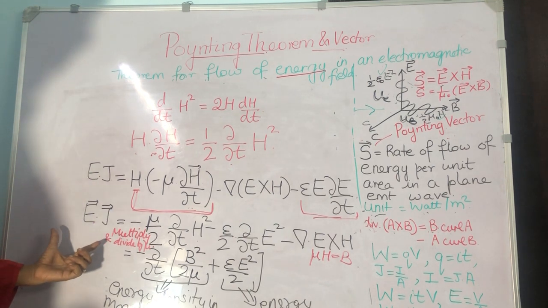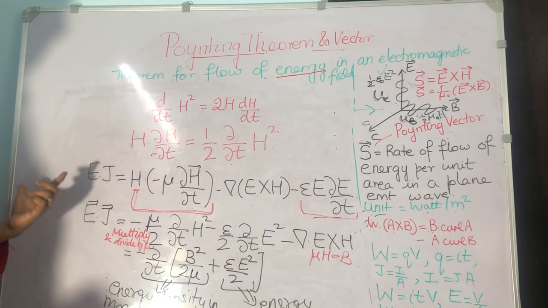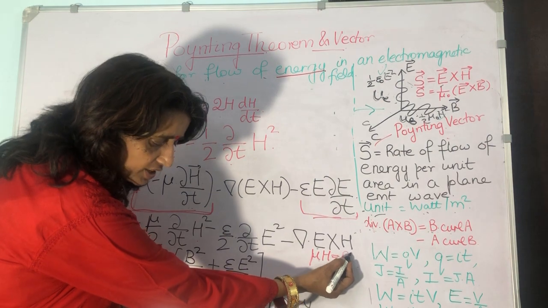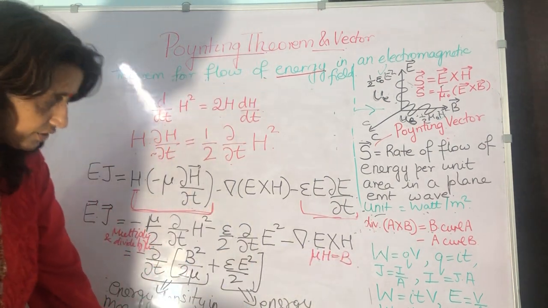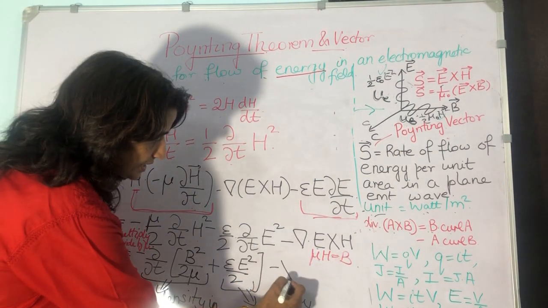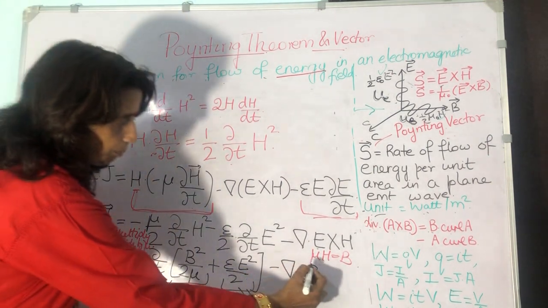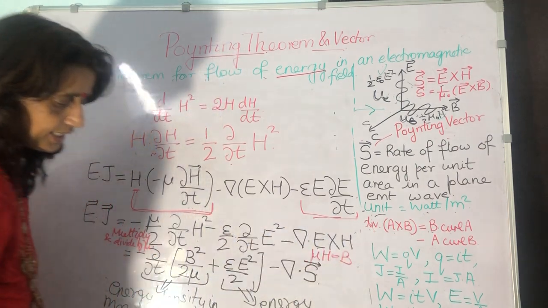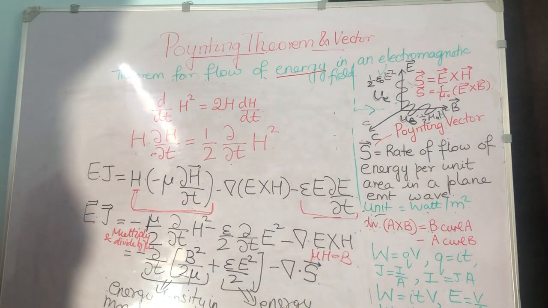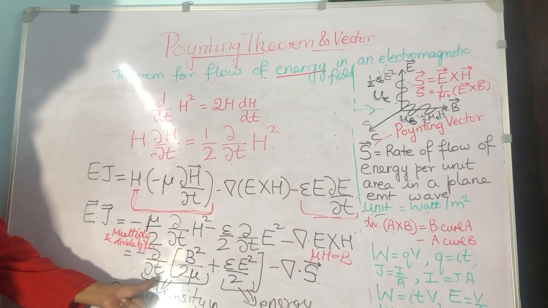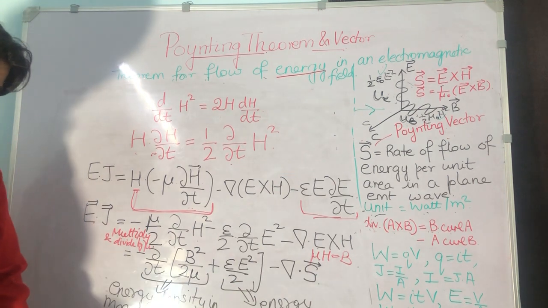Now, this equation is very much similar to the equation of continuity, and S is E cross H. So you can write it here minus del dot S, which is the Poynting vector E cross H. Now energy stored in magnetic field per unit volume in free space and energy stored in electric field.